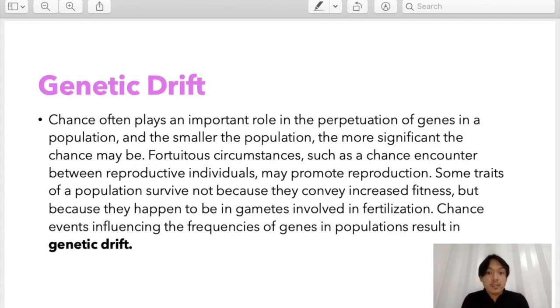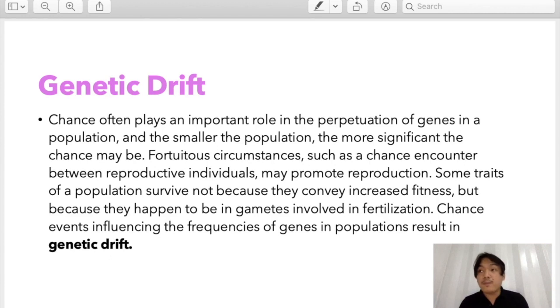The smaller the population, the more significant the chance may be, because we have fewer individuals participating. Circumstances such as a chance encounter between reproductive individuals may promote reproduction, while some traits of a population survive not because they convey increased fitness, but because they happen to be in gametes involved in fertilization.